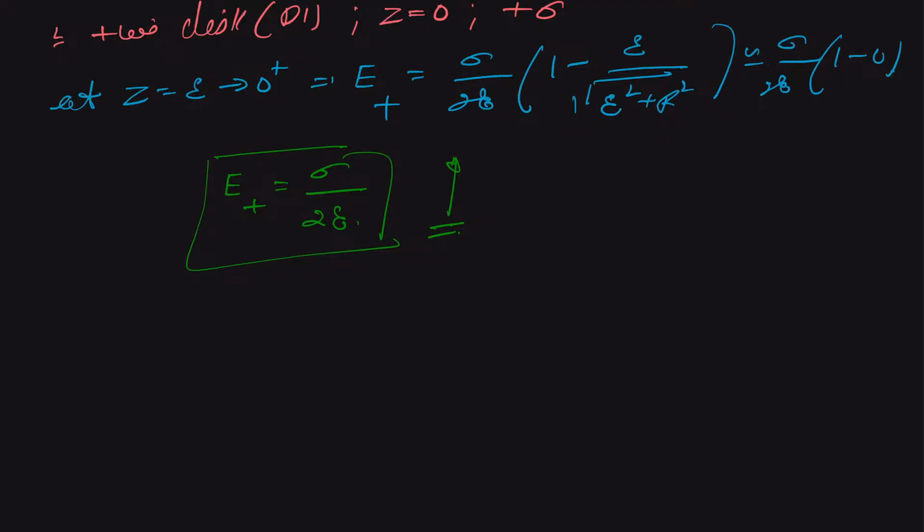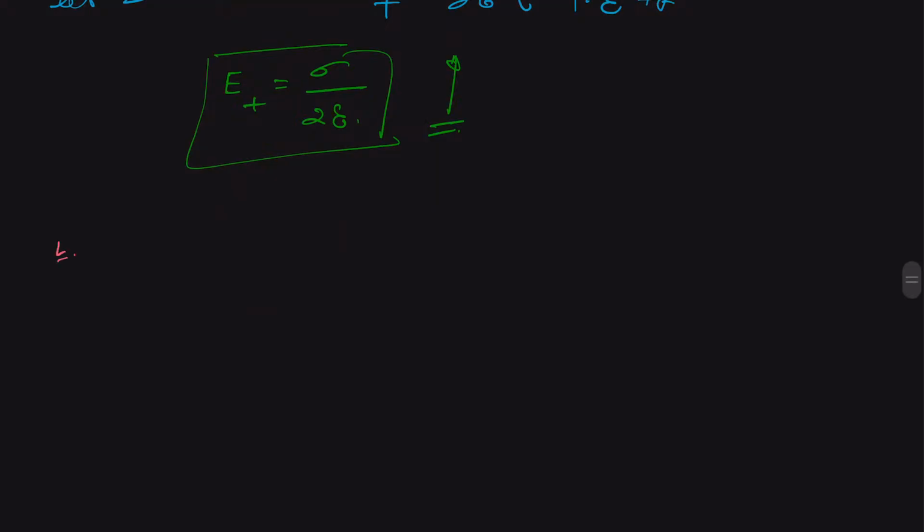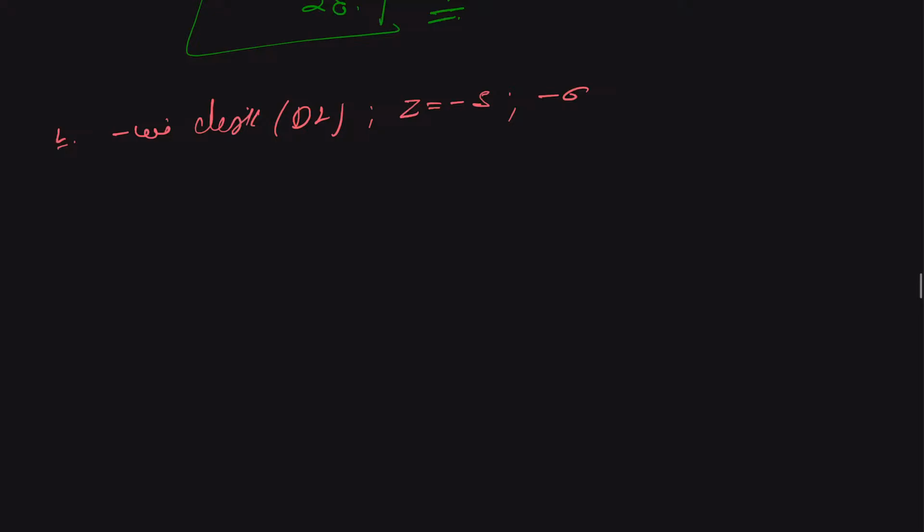And now we come to our negative disk, which is disk D2. That negative disk is at z is equal to minus s, and the charge density is minus sigma. We have to find the field at z is equal to epsilon, small.